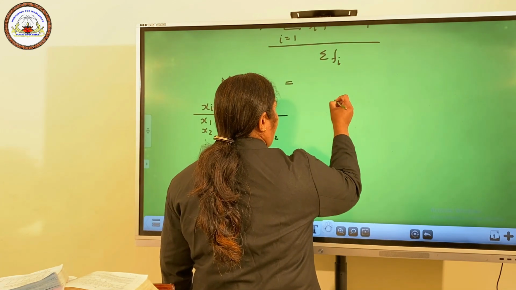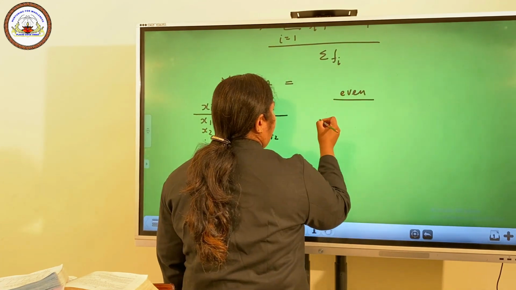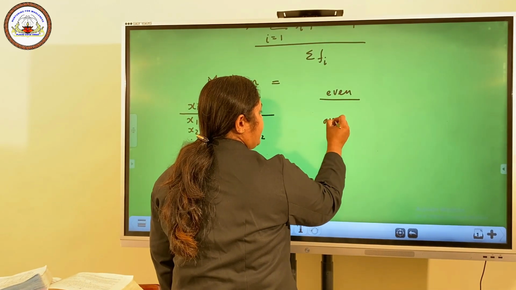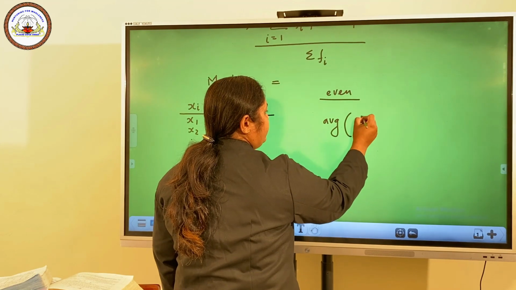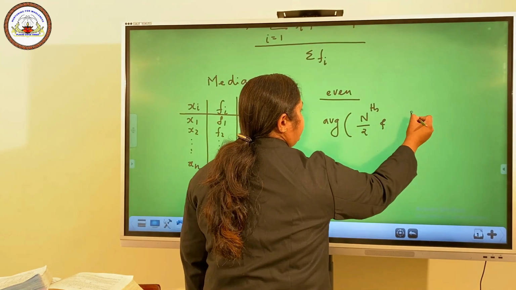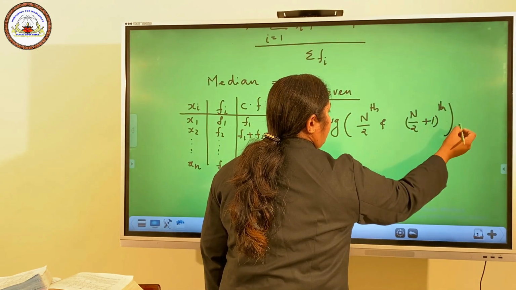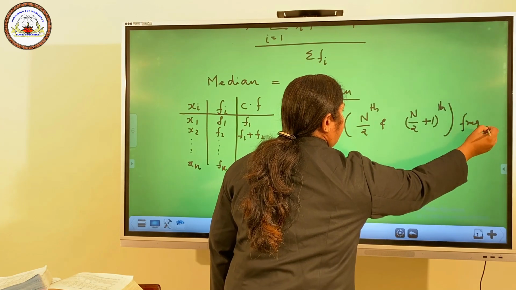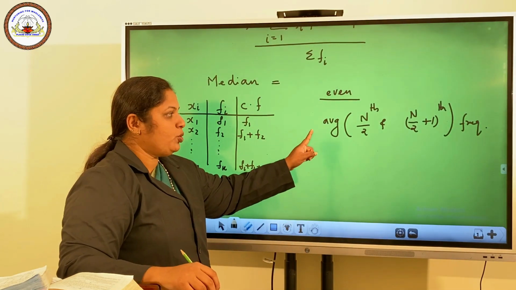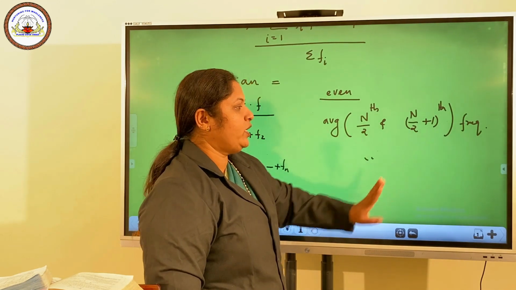The data point corresponding to an average of the n by 2th and n by 2 plus 1th frequency.